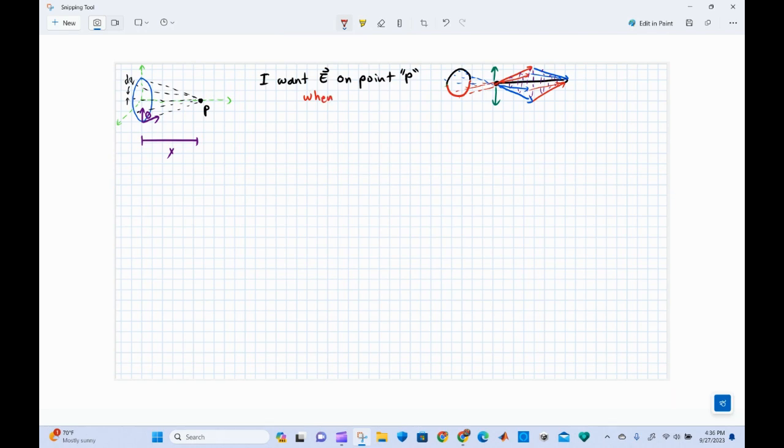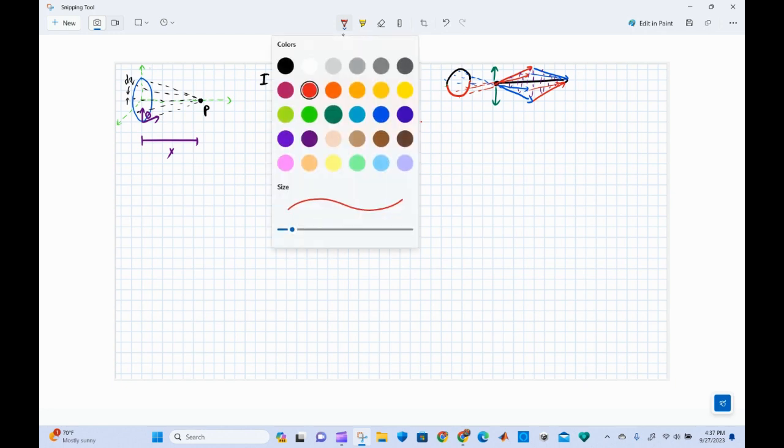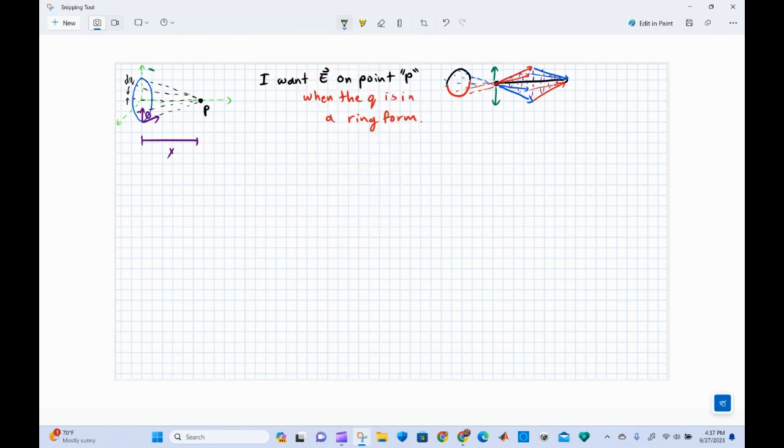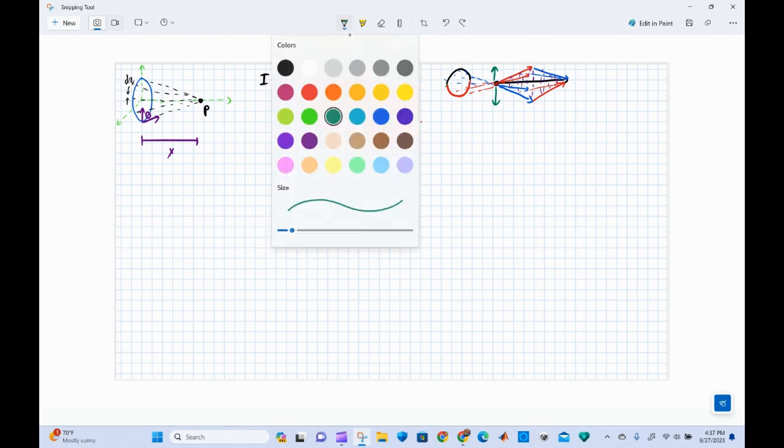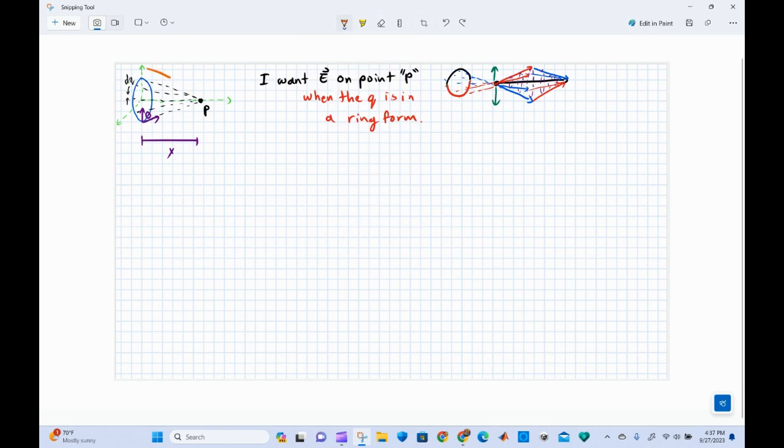When the Q is in a ring form, the charges are in the ring form. So we can now bring out some other colors. I mean, we can do this if you want. I don't think that's the color I want. Let's do orange. Square root of r squared, wait, that's wrong.